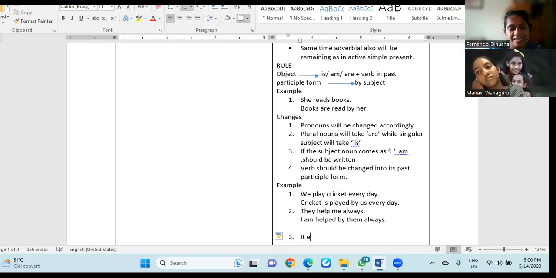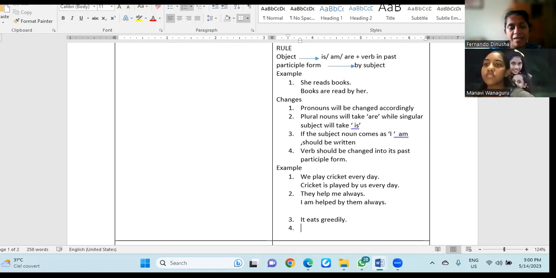It eats greedily. Now, why I wrote this one is I want to tell you in this sentence, subject and verb is there, but in the object, can we find out a noun? No noun.